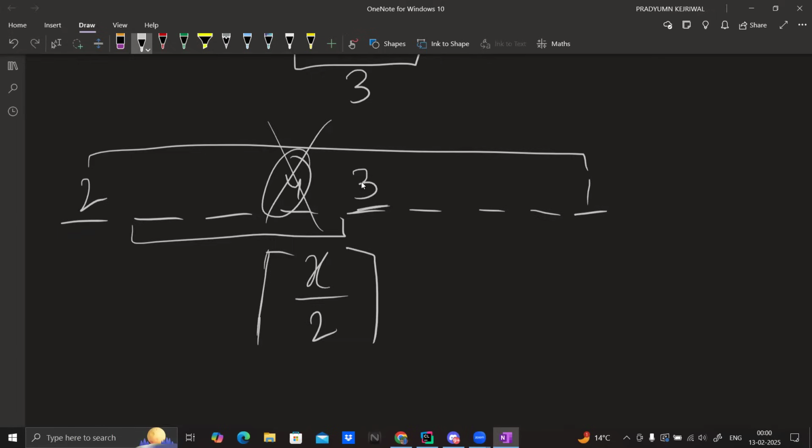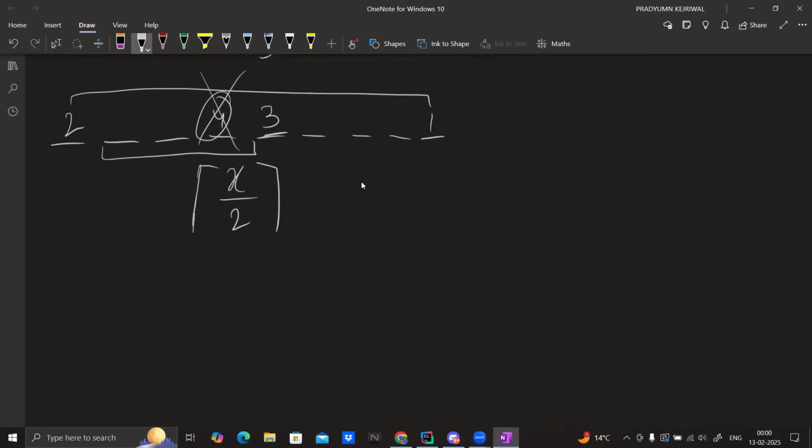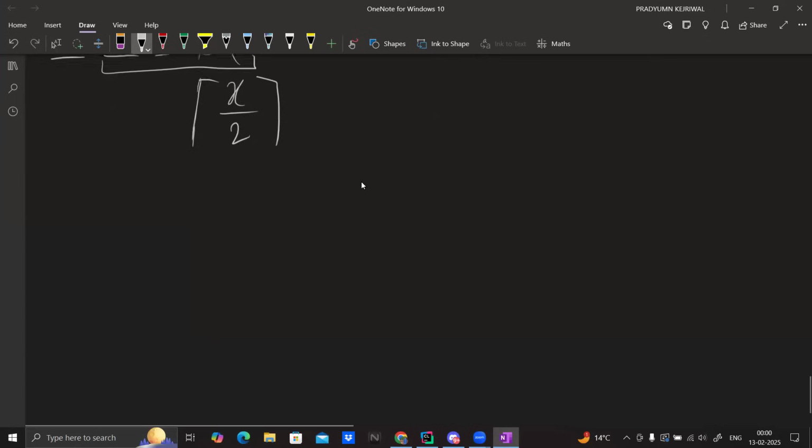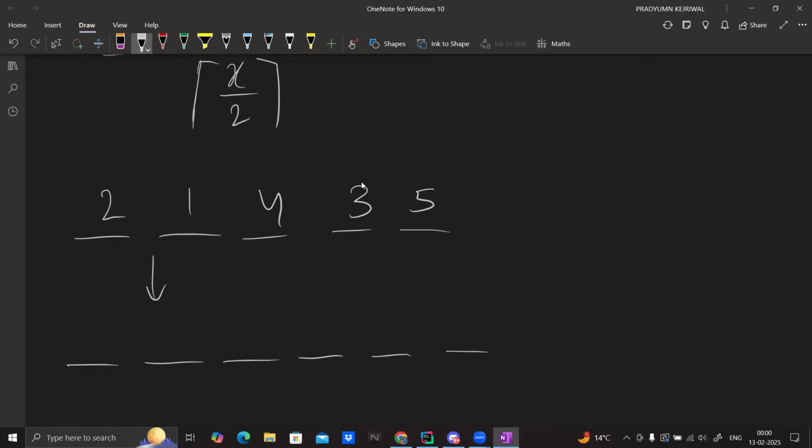So basically, how I implemented this was, first of all, I created an array where I stored where each person sat. So let's say for example, we were given the input 2, 1, 4, 3, and 5. From this, I created an array of where each person sat.